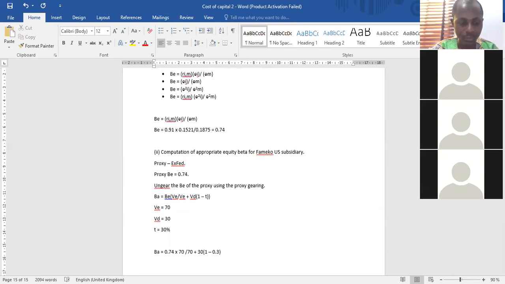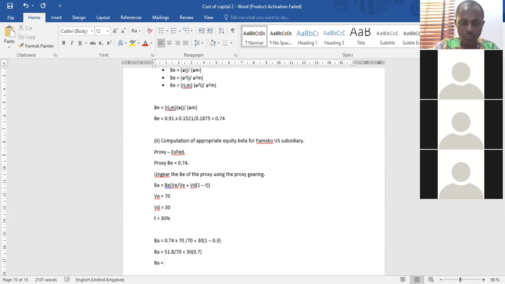So beta of asset will be equal to 0.74 times 70, which will give me 51.8, all over 70 plus 30 times 0.7. 30 times 0.7 plus 70 is 91.